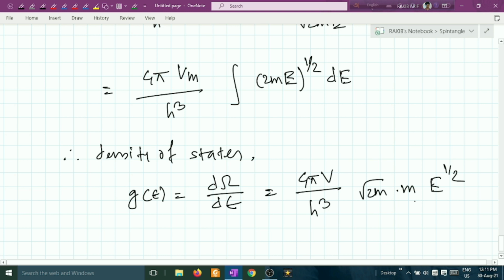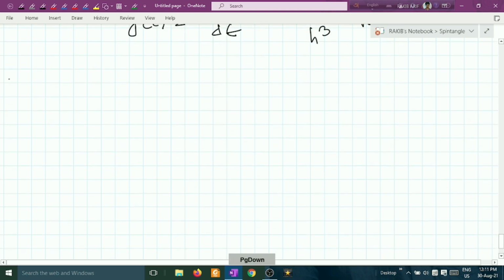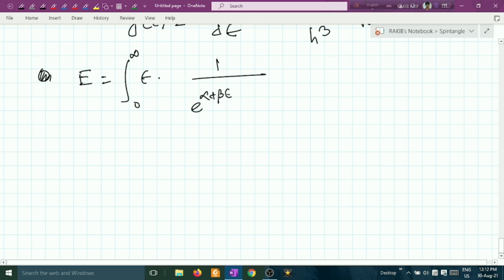Now I am moving on to the total energy expression. What is our total energy expression? Our total energy expression is given as E equals integration 0 to infinity epsilon, 1 upon e to the power alpha plus beta epsilon minus 1, times 4 pi v upon h cube root over 2m times m e to the power half, and here it is d epsilon.